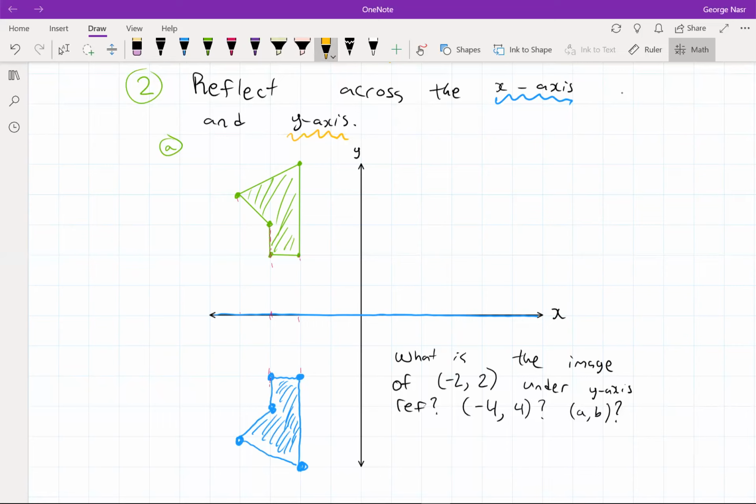And now let's do the y, and it's going to be the exact same process now, except now I'm reflecting across the y-axis, which means now my lines are traveling this way. And that point travels 2 to hit the y-axis at a perpendicular line. So it travels another 2.